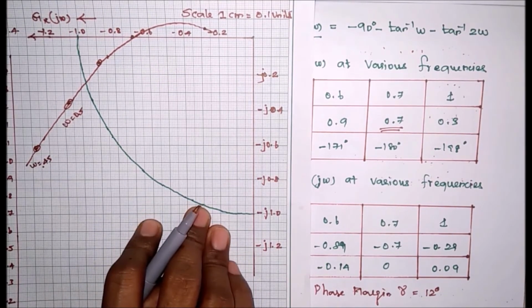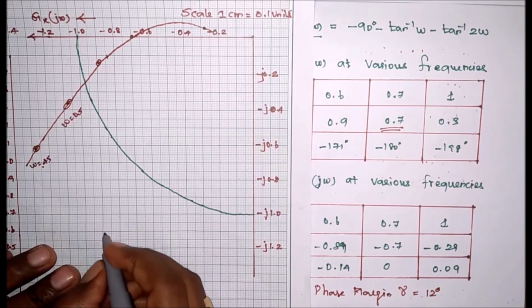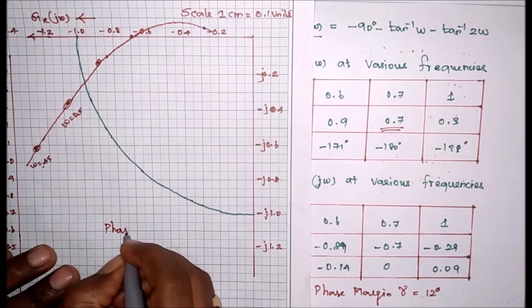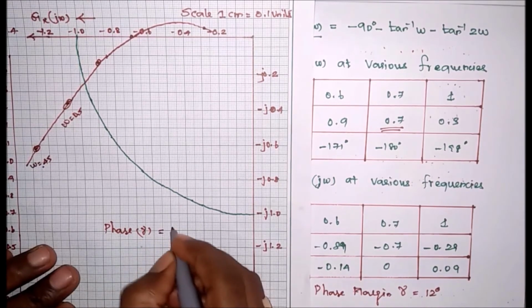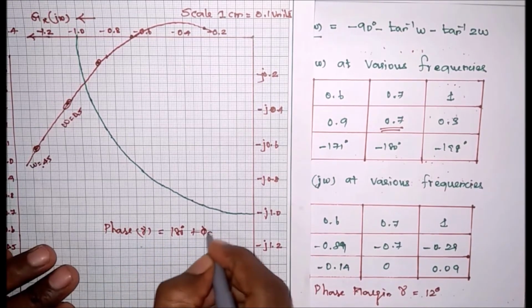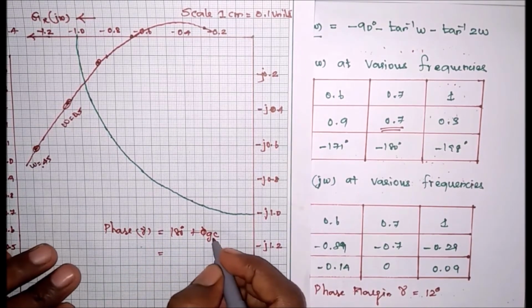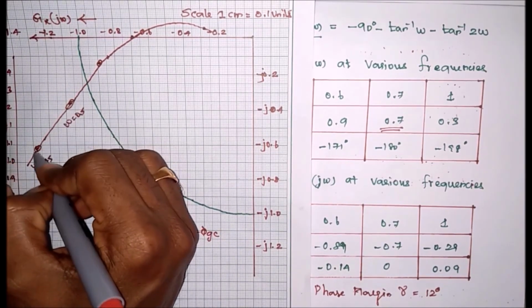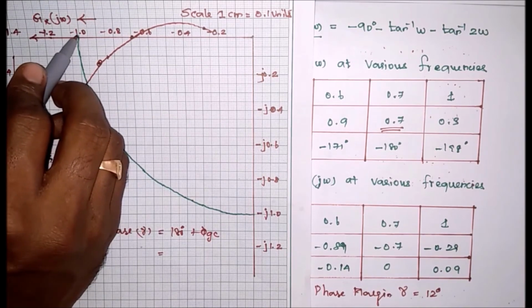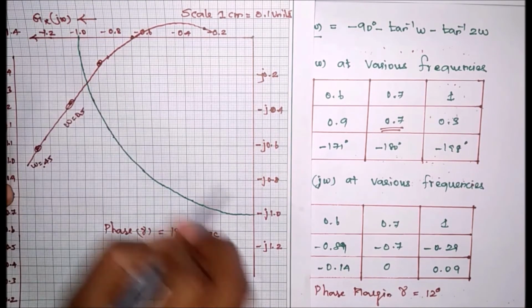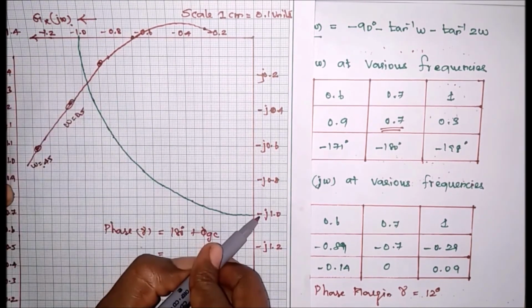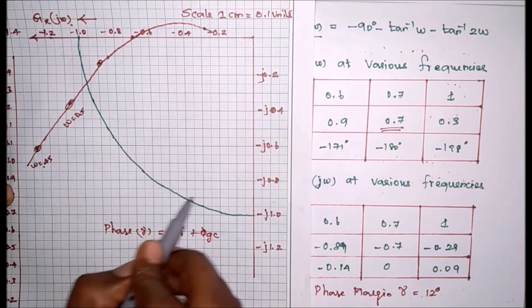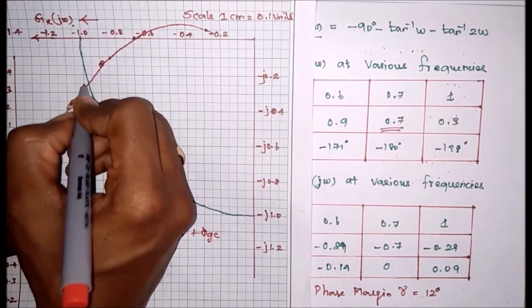Now, how to find the phase margin: gamma equals 180 degrees plus phi gc. Phi gc is the angle at which the unity circle and the polar plot cut. This is the unity circle because real and imaginary parts are both unity, since we have considered its radius as unity. Therefore it cuts at this point.